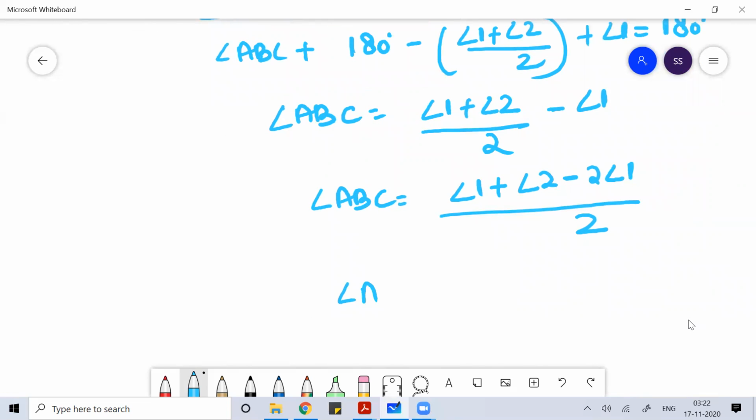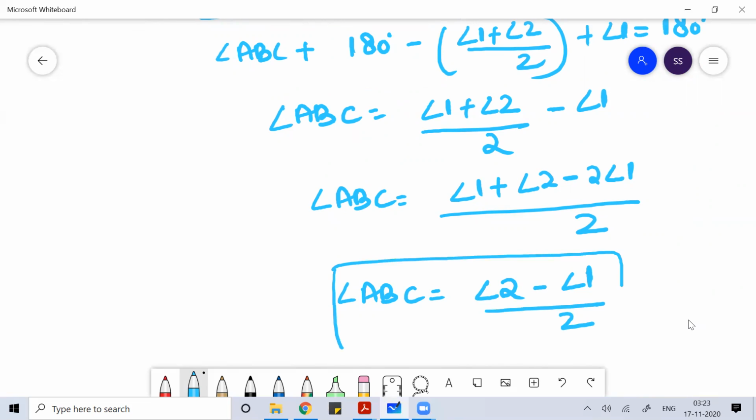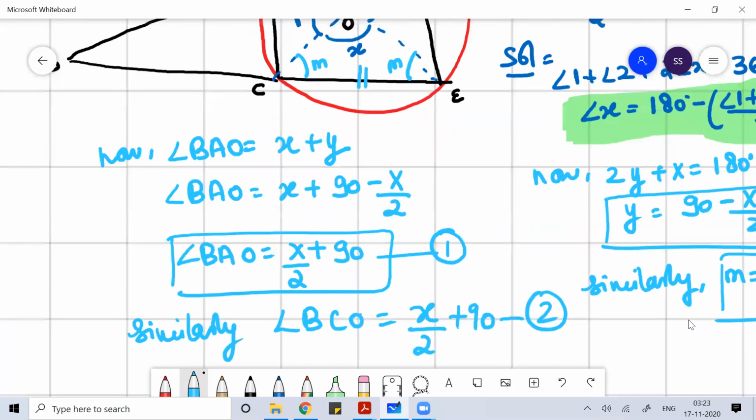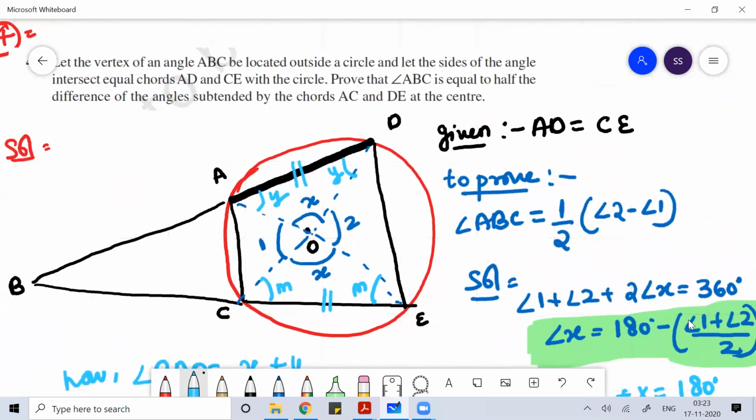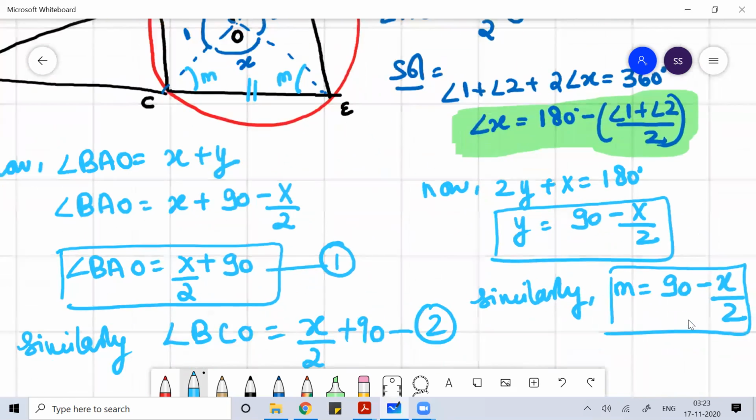So I can say that angle ABC is equal to angle 2 minus angle 1 by 2. This is what you had to prove in question number 4. Okay, so this was question number 4.